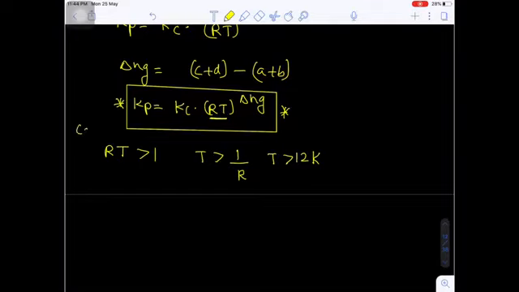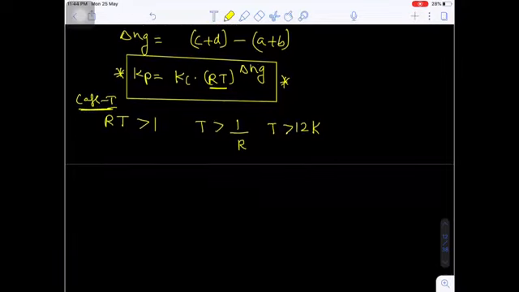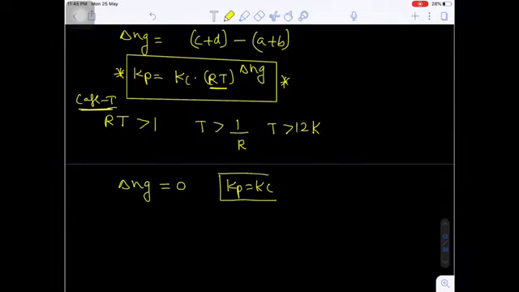Let's suppose this is the first case. In this first case, depending upon the delta Ng value, let's suppose it is 0. That means the number of moles of gaseous reactants equals the number of moles of gaseous products, so there is no change. So if delta Ng is 0, Kp is equal to Kc. This is very important. If delta Ng is positive, then obviously Kp is greater than Kc.